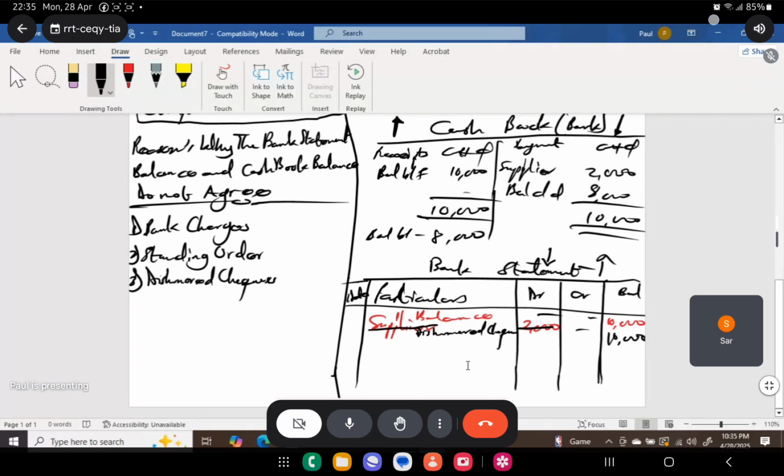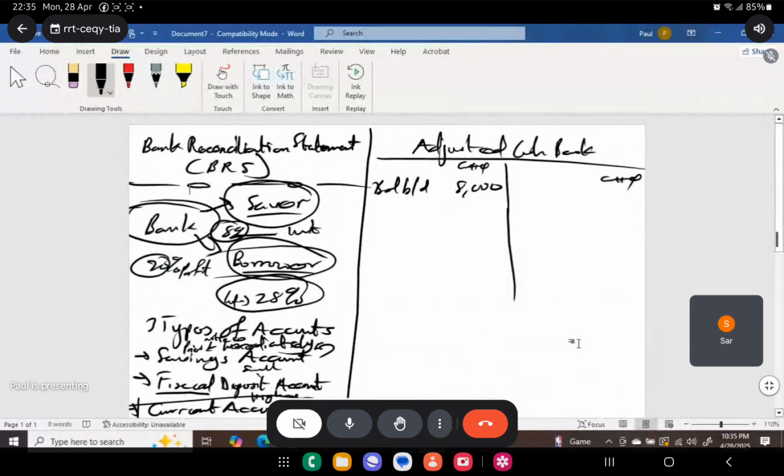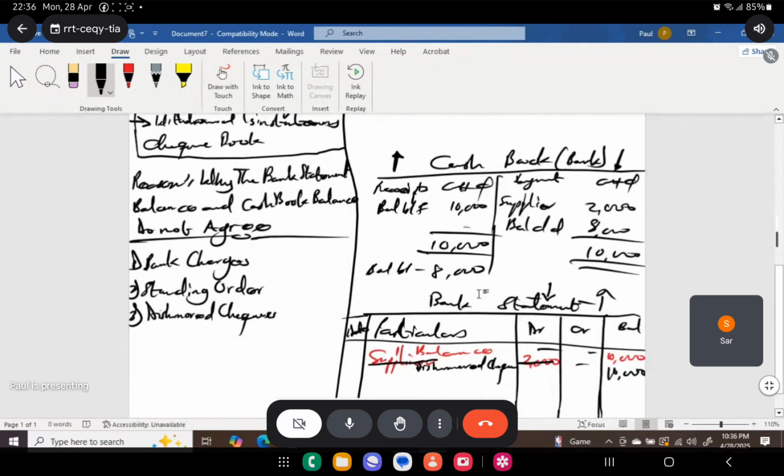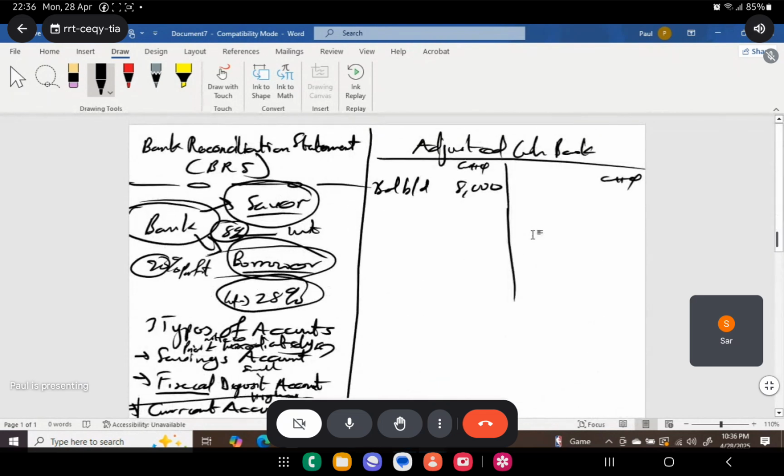And the bank said that check has been dishonored. So we have to bring the payment back. We can't cancel it. We've already written it in our books. So we will do that in the adjusted cash book by saying dishonored check 2,000. So when we add it, you know this side is zero. There is nothing here.